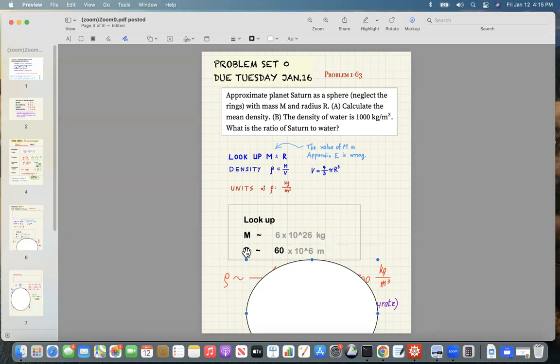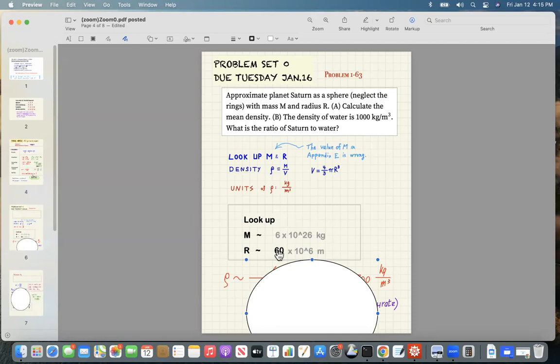The other thing you need is the radius of Saturn. Astronomers look through a telescope, see the size of Saturn, figure out how big the magnification is, then they can determine how big the radius is. If you look it up on a Google search, it's about 60 times 10 to the 6 meters.